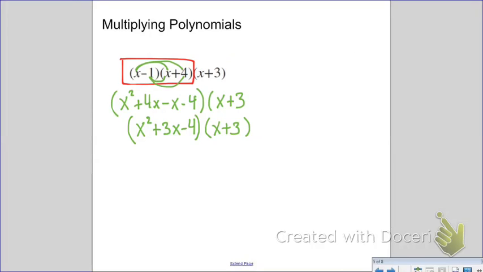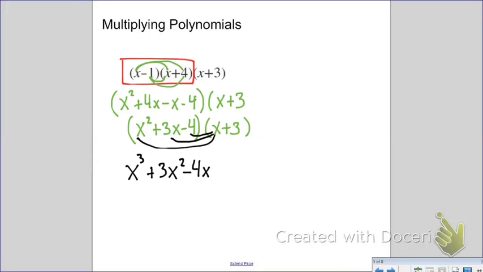So first up is my x times x, and that's going to give me x cubed. Next is my x times 3x will give me 3x squared. And next is x times negative 4 is negative 4x.